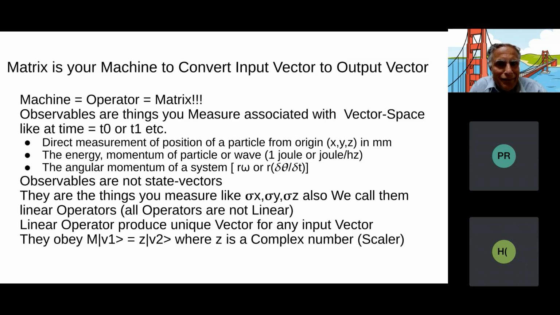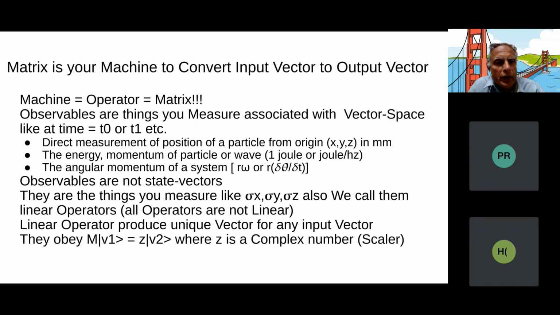Previously we defined that we can measure directly through the position of a vector, like the position vector of a particle, for example spin. It could be at the xyz origin, or from xyz to a length in millimeters, maybe a unit vector, a vector of unit length from the origin.